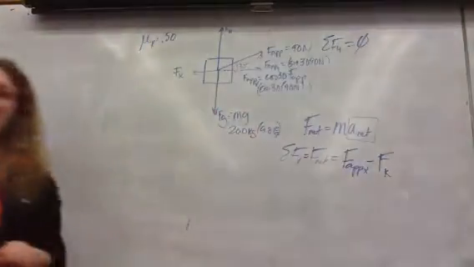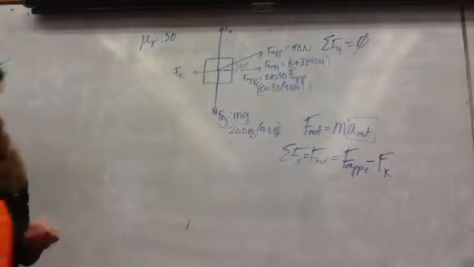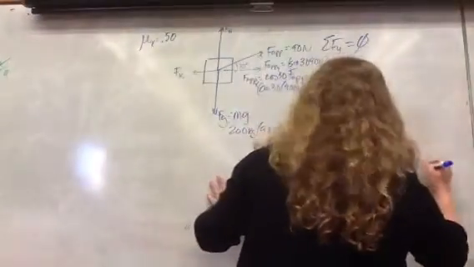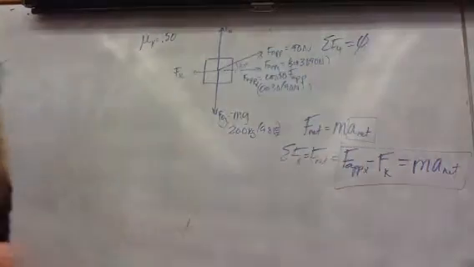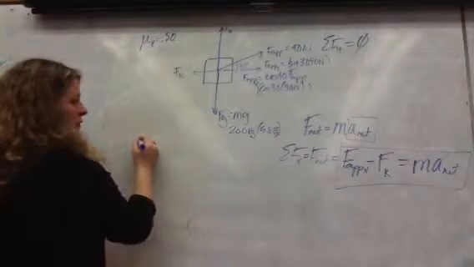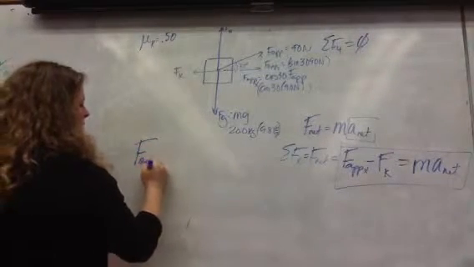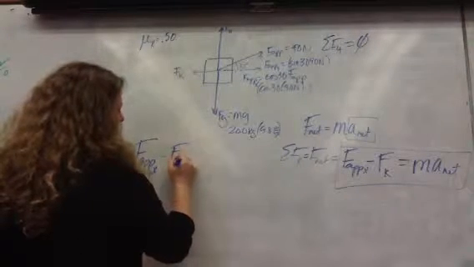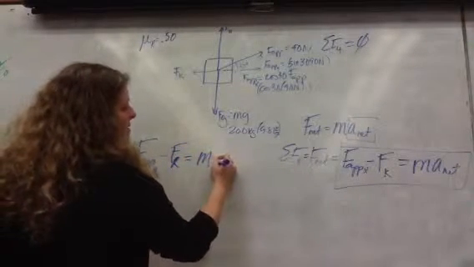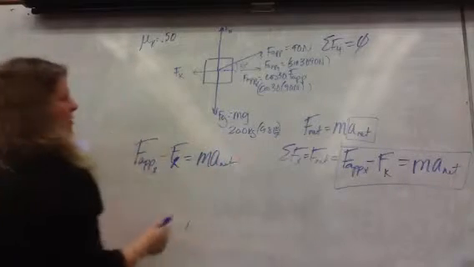Do we have f of k? No. And this whole thing is equal to mass times net acceleration. So here's what we're working with. Let's draw that over here. F applied on the x minus f of k equals mass times net acceleration.